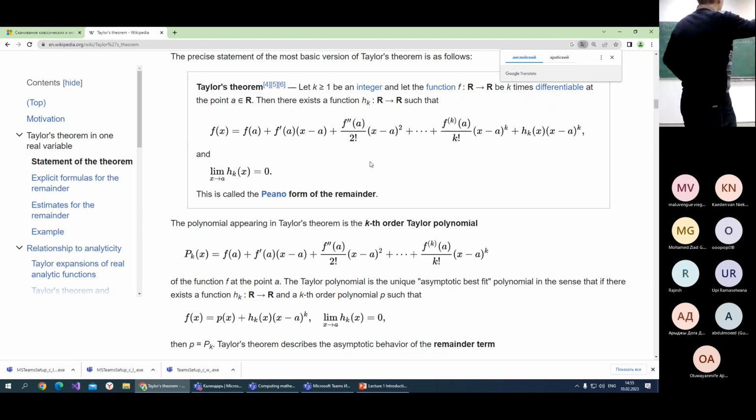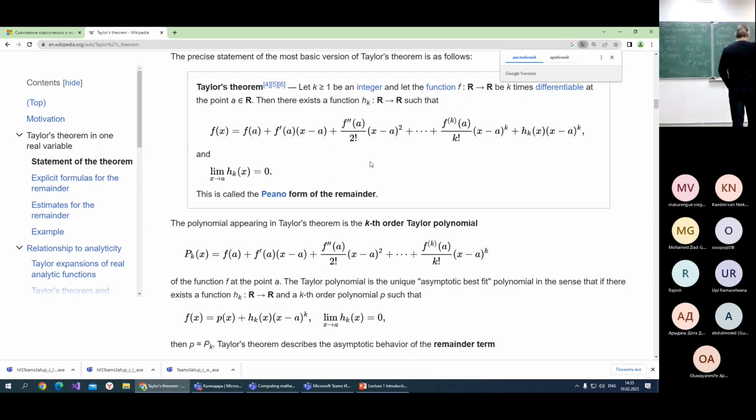Well, the third derivative over 3 factorial times h cubed, plus and so on, and the term n is the derivative of degree n over n factorial times h to the power n.